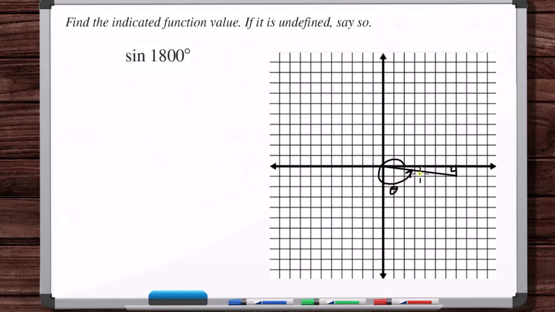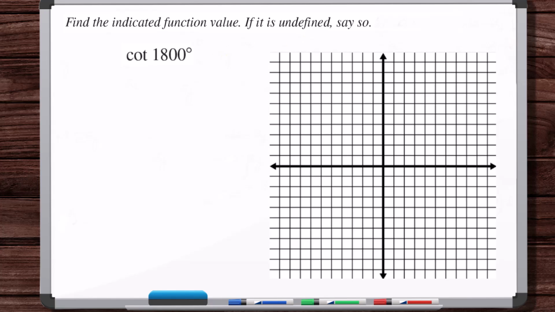There's theta. What happens once we get to 1800? The y goes to 0 and the x approaches positive r. Sine is opposite over hypotenuse, so once it gets to 1800, that's 0 over the hypotenuse, which is always r. So it's going to be 0.